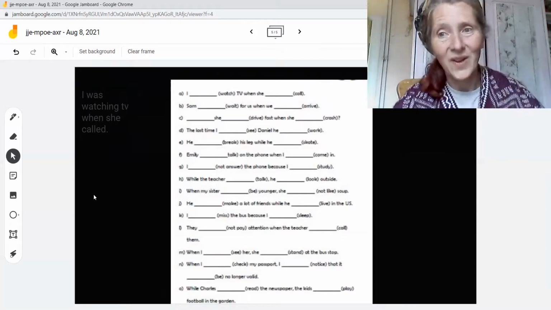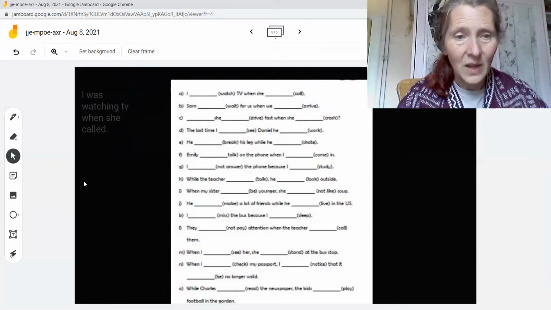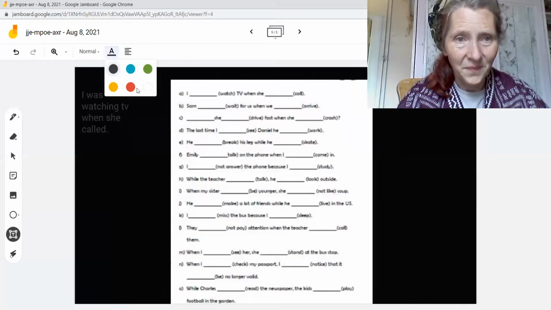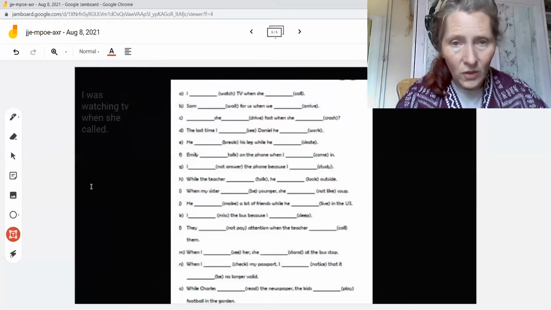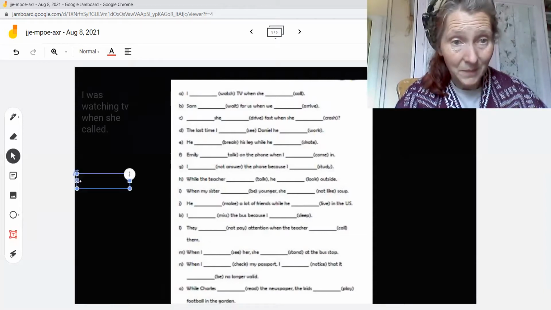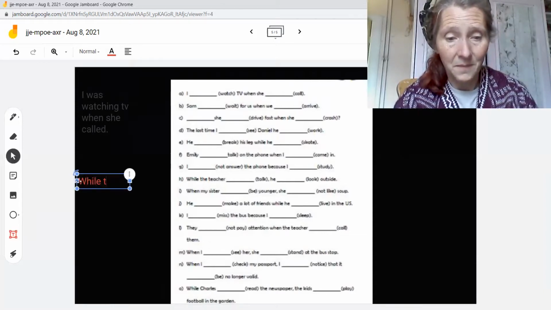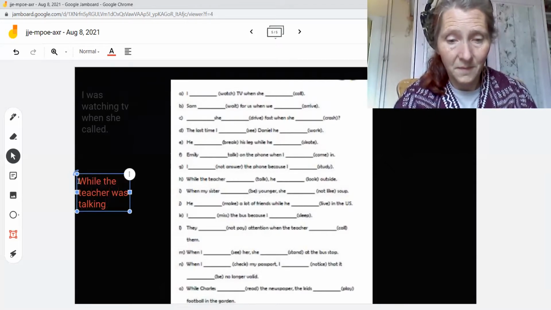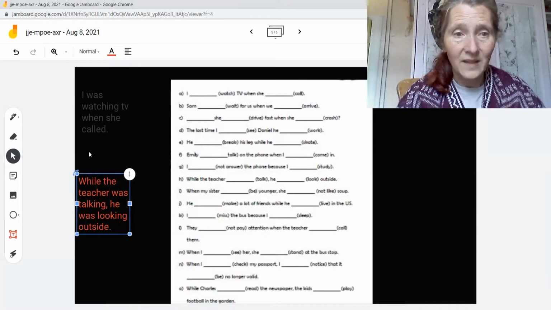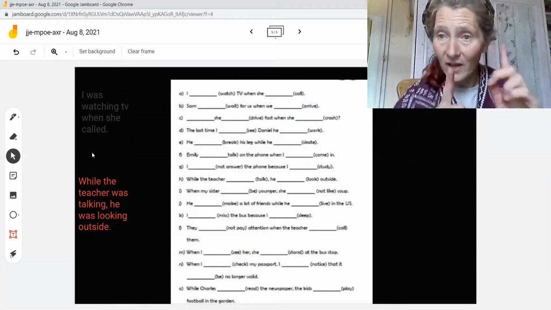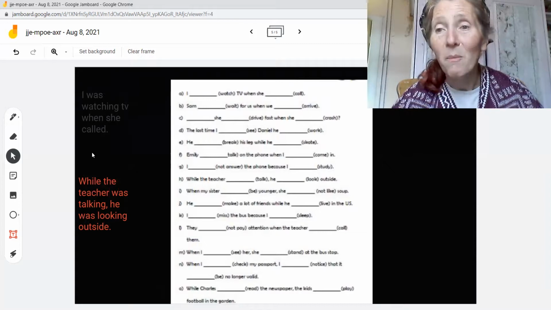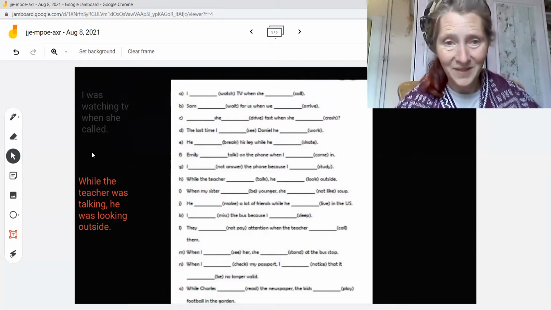These two seem like they're going on at the same time. So we could say, while the teacher was talking, he was looking outside. So that is an example of parallel action, two actions going on at the same time, both using the continuous.